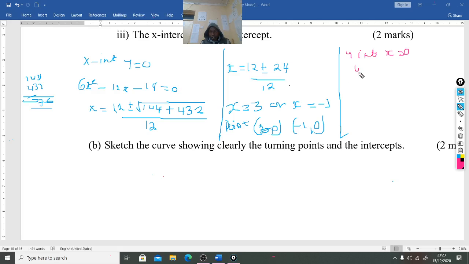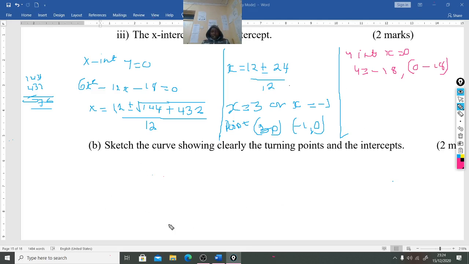So y will be equal to negative 18, meaning the point is 0, negative 18. That is the point. So from there, you sketch the graph.